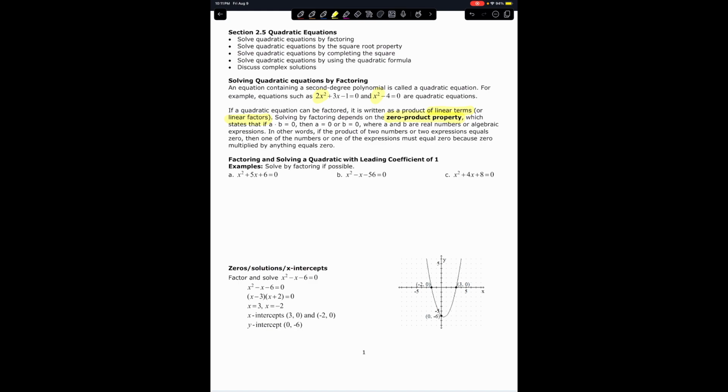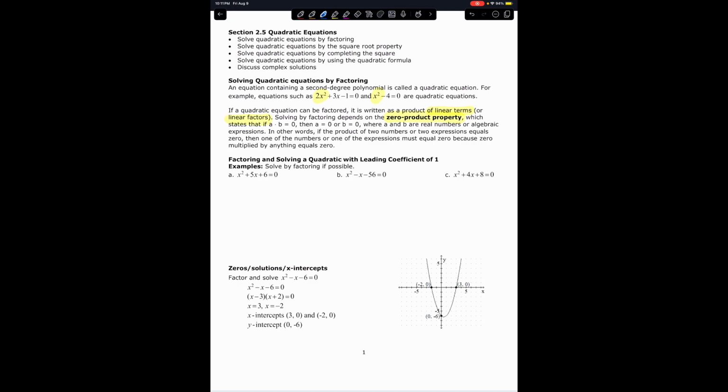So if a times b equals 0, either a is 0 or b is 0, because multiplication by 0 must result in a 0.